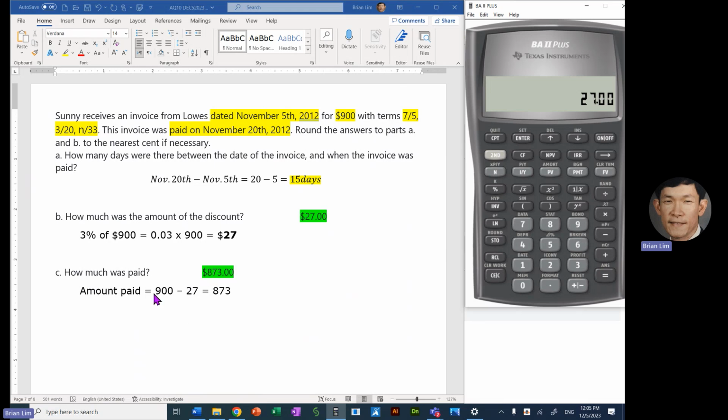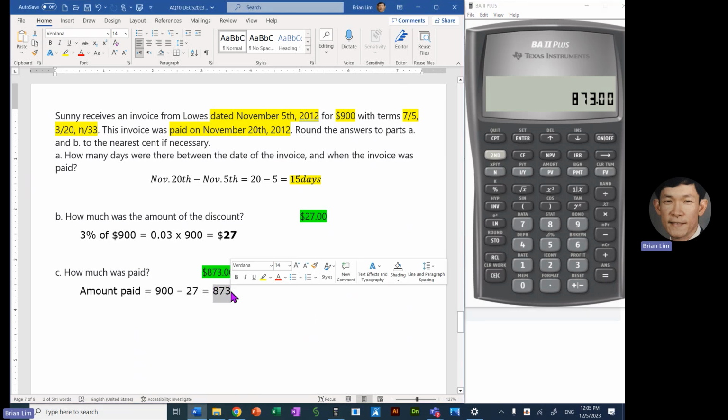Well, the amount paid is the amount of the invoice minus the discount. So what we could do as we would normally do, or I guess we know to do, we can just make the 27 negative and then add 900. Okay, and that gives us the result of 873 right here.